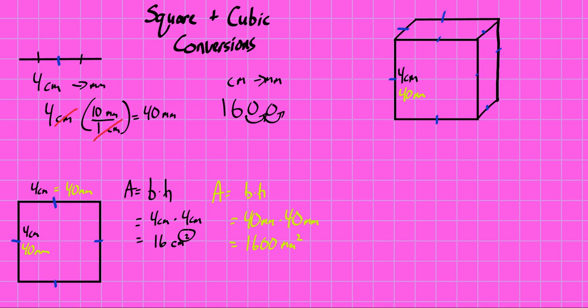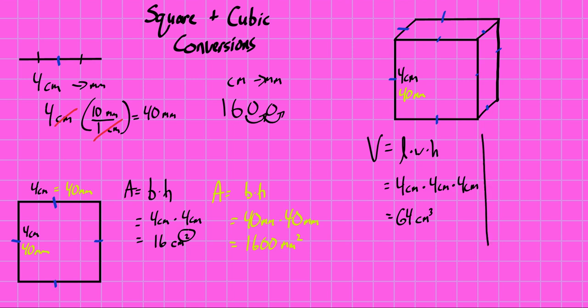If I were to find the volume of this cube, it would be length times width times height, or since it's a cube, we could just say side cubed, but I'm going to do length times width times height, or base times height times width, or whatever. They're all the same. So in centimeters, it'd be 4 centimeters times 4 centimeters times 4 centimeters. And 4 times 4 times 4 is 64. Centimeters times centimeters times centimeters is centimeter cubed.